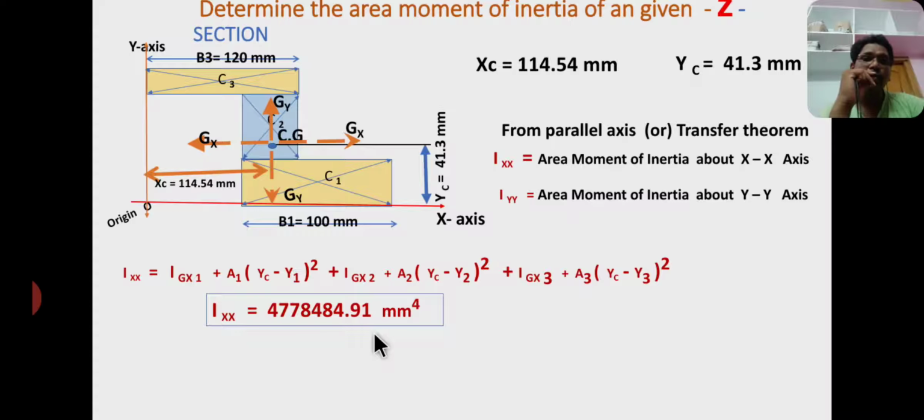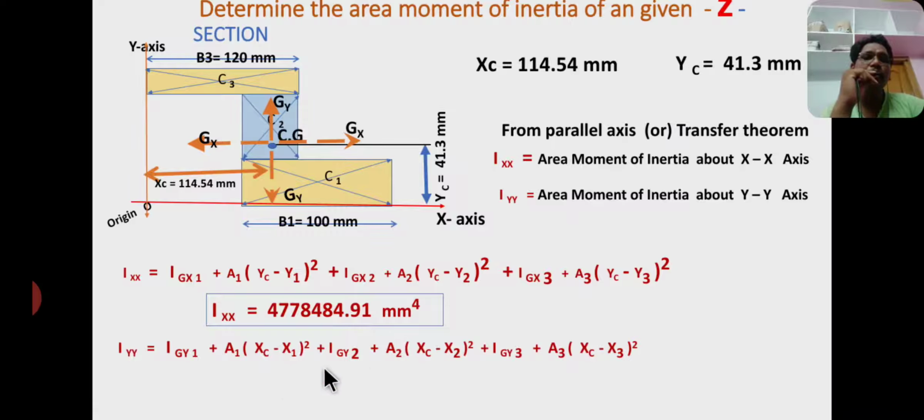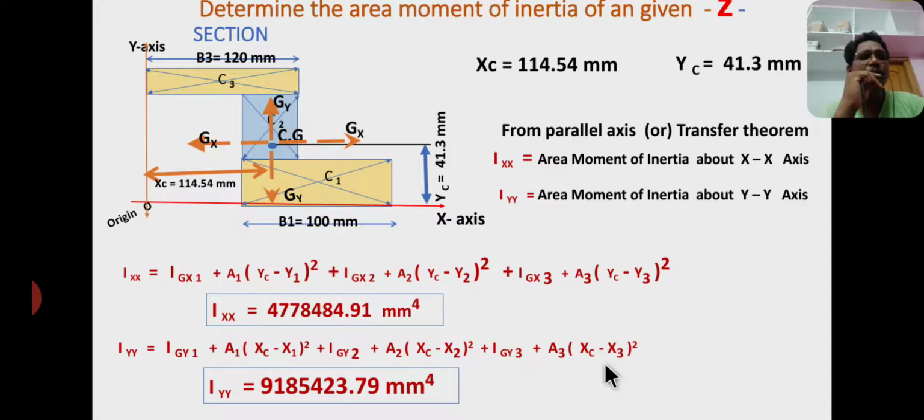Similarly, Iyy equals Igy1 plus area 1 into xc minus x1 whole square, plus Igy2 plus area 2 into xc minus x2 whole square, plus Igy3 plus a3 into xc minus x3 whole square. And the answer is Iyy equal to 9185423.79 mm power 4.